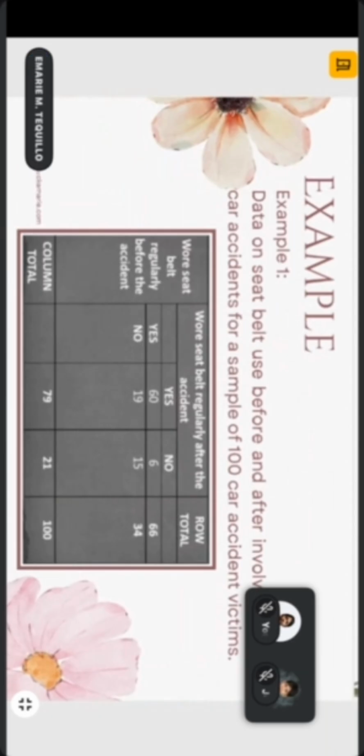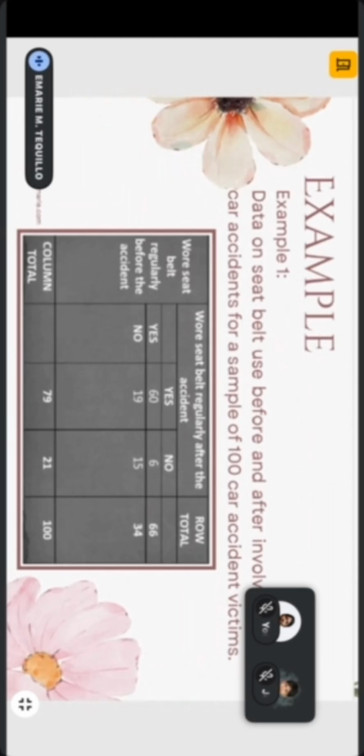Okay, so example 1. Data on seatbelt use before and after involvement in car accidents for a sample of 100 car accident victims. In this example, researchers wanted to know if people became more likely to wear seatbelts after experiencing a car accident. The same people were checked before and after the accident. If you have the data, you just encode or input it in the given table.